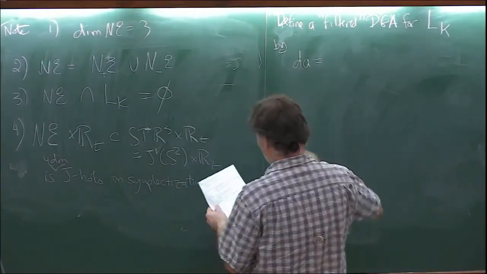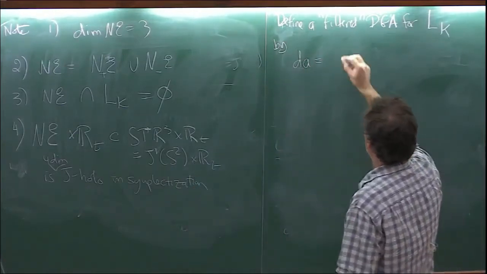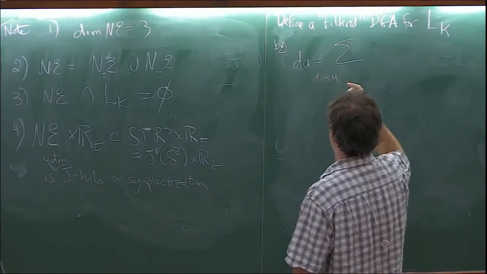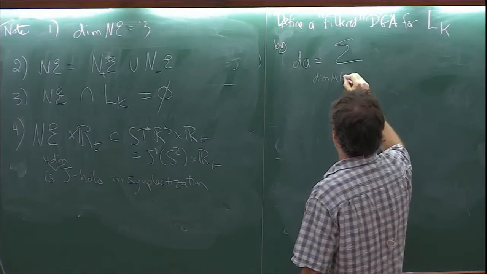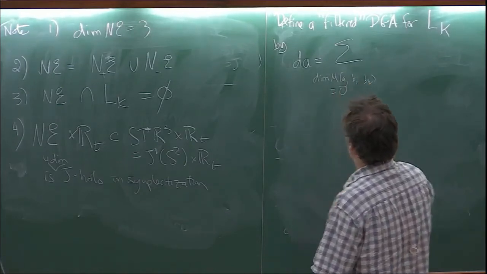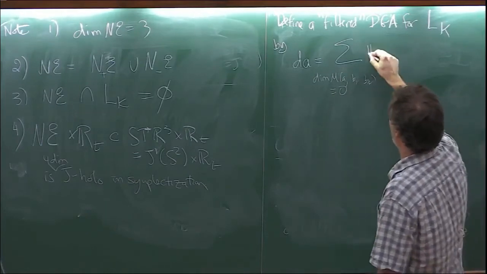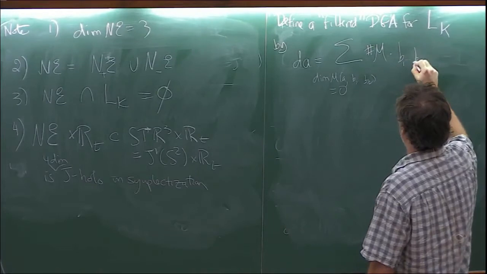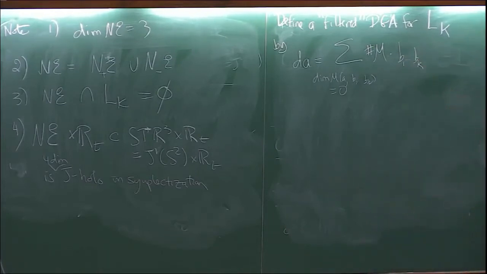First I count the dimension of the moduli space of A, B1, ..., Bk being 0. So I look at the zero-dimensional moduli space, I count the number in this moduli space, and I multiply it by the word B1 through Bk. So far this is exactly like Legendrian contact topology. And now here I add this extra thing.